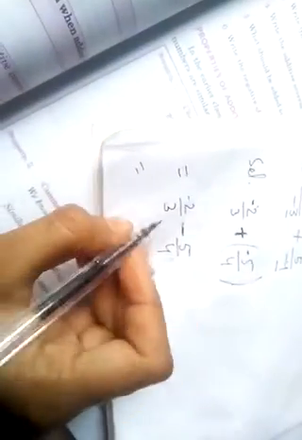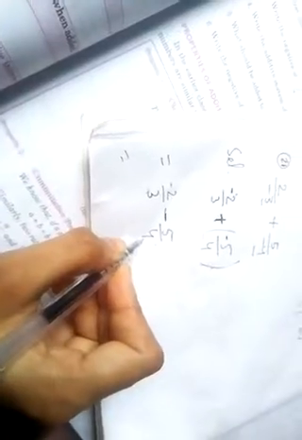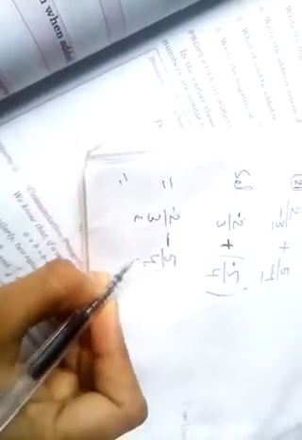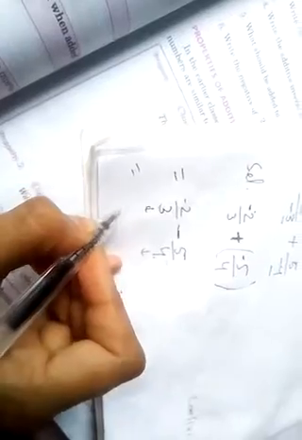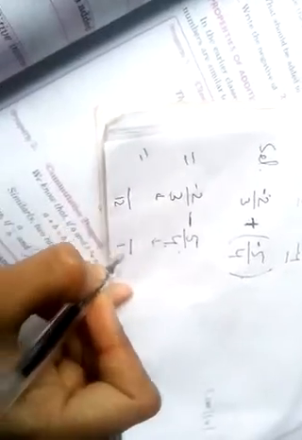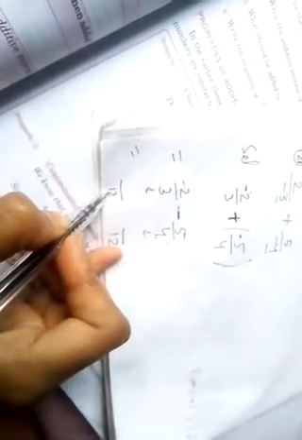Okay, so let's solve it. 3 and 4. Let's do the LCM of 3 and 4. LCM of 3 and 4 is of course 12. So as the LCM of 3 and 4 is 12, that means this number will also have the denominator 12, and this number will also have the denominator 12. Now we'll check in the table of 3 when this 12 will come.